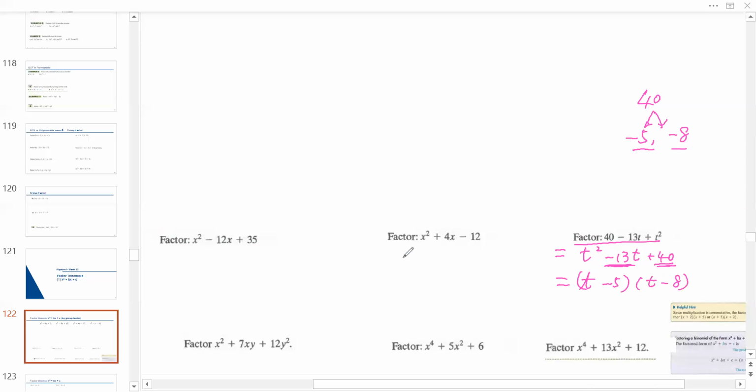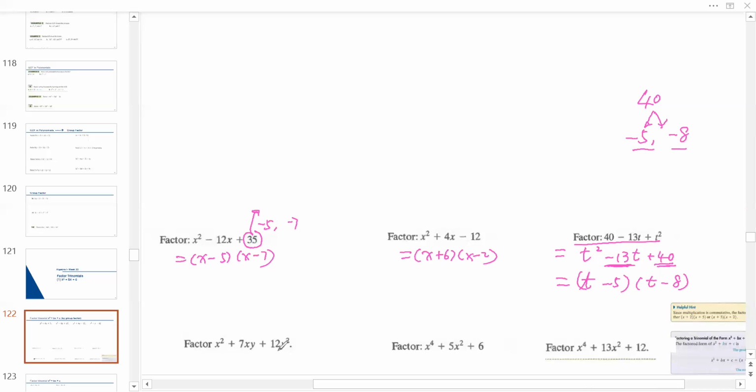Just like this one is x plus 6, x minus 2, right? Like this one is -5, -7, so it's x minus 5, x minus 7. Just one step. You can quickly do the factoring process in your mind. You don't necessarily have to write it out. If you can write it out, that's great. But if you work in your mind, it's quicker and more efficient.